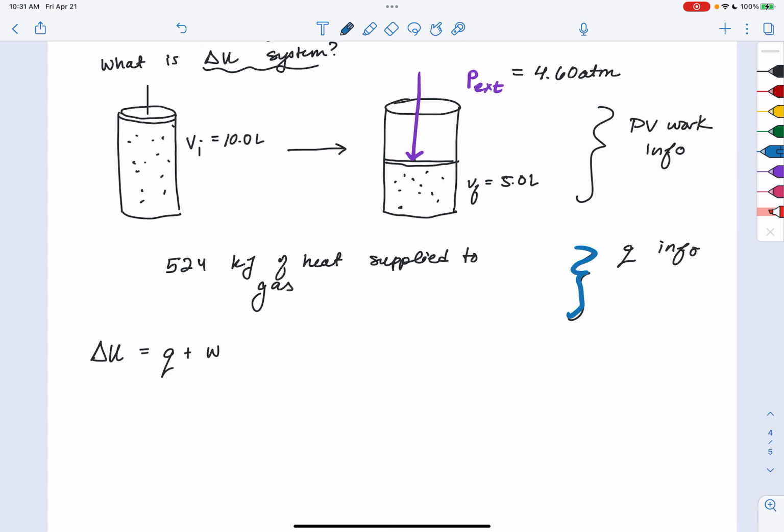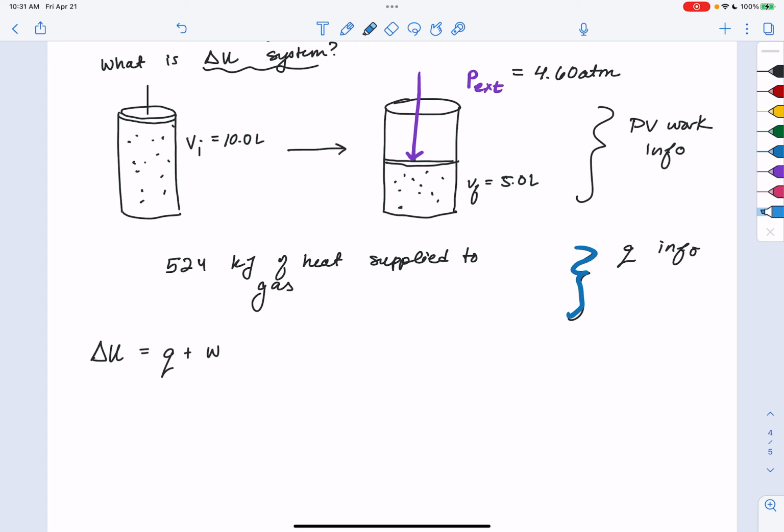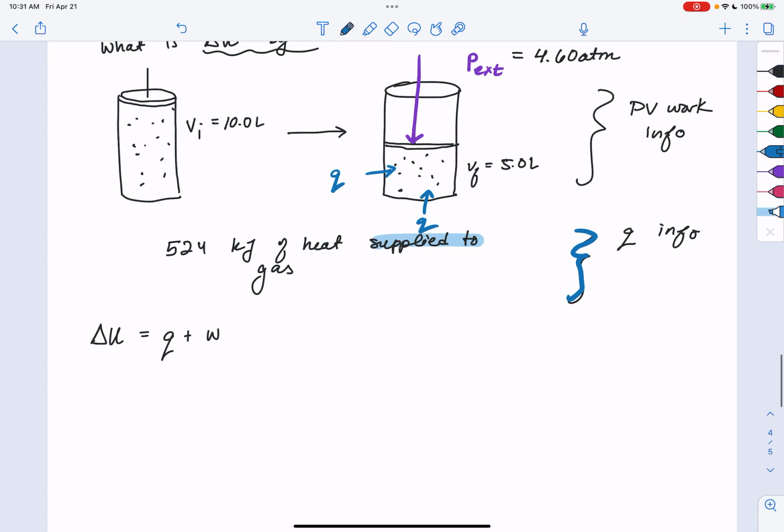So I've got 524 kilojoules of heat. And the key in figuring out what the sign of my heat is going to be here is in this word supplied to the gas. So this means that thermal energy is being pumped into my system, supplied to my gas. So what does that mean in terms of my sign? So inward toward the system means we're going to have a positive sign.